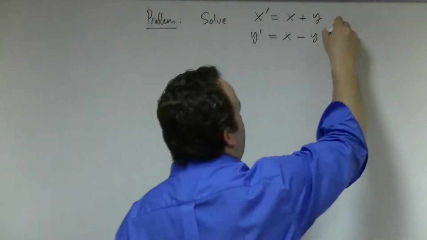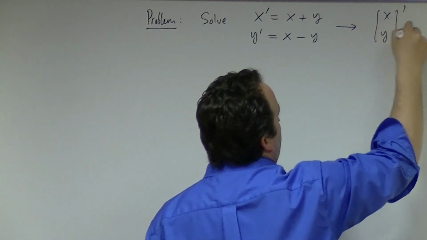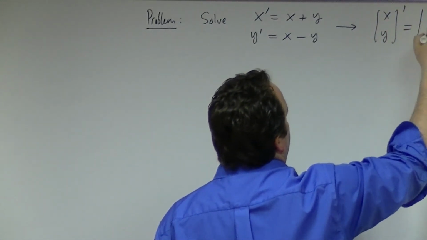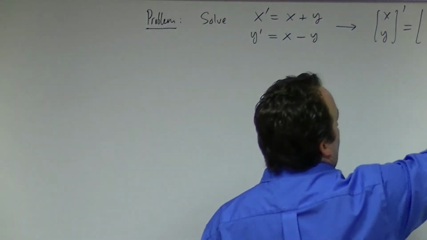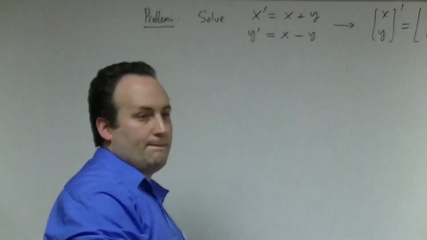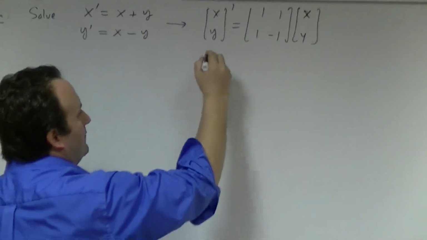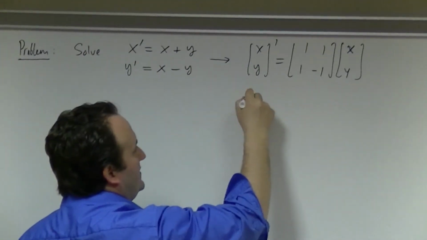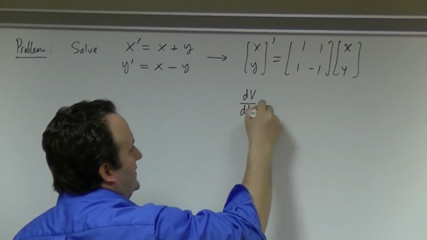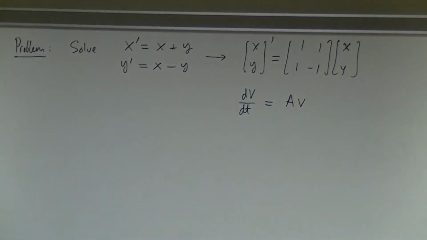You can view that instead as (x, y) prime equals the matrix [[1, 1], [1, -1]] times (x, y). Let's look at it in a slightly better notation. We're really trying to solve dB/dt = AB, where A is some constant matrix.